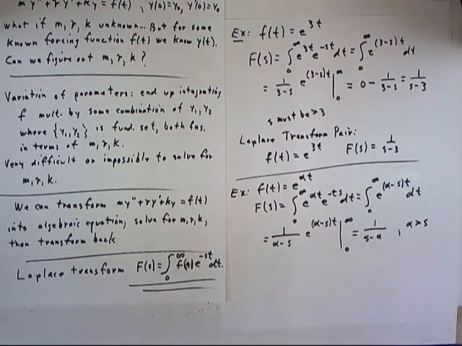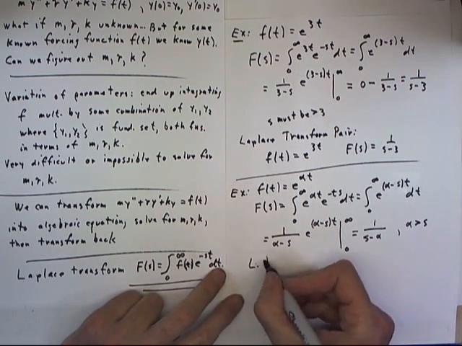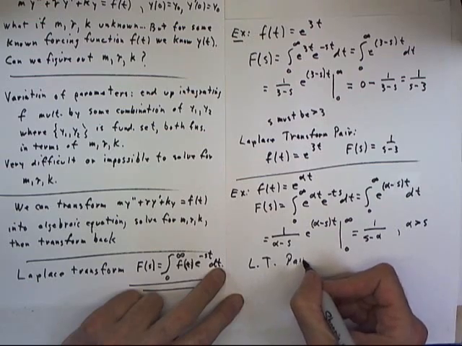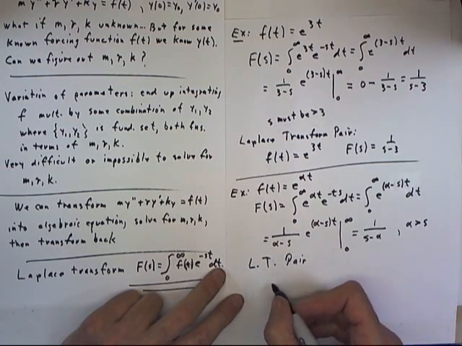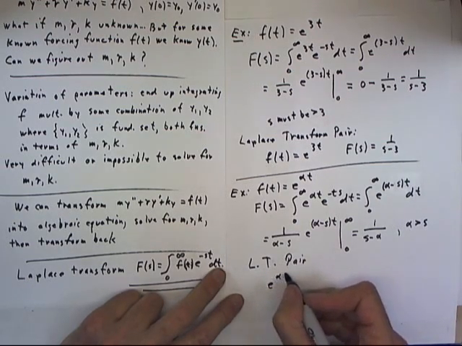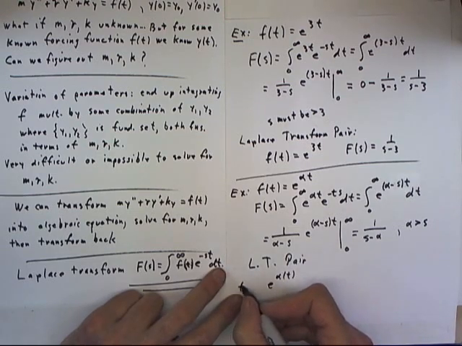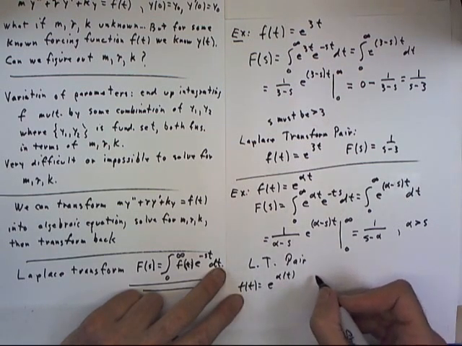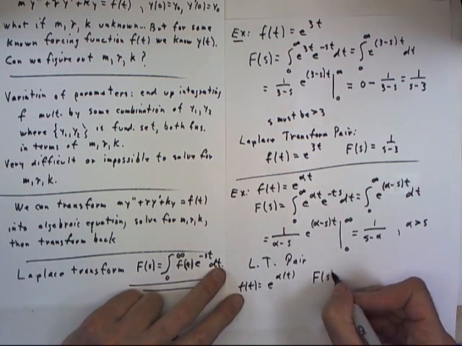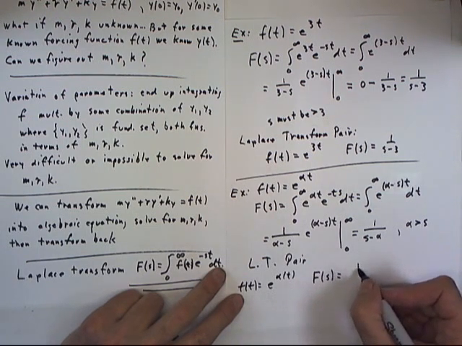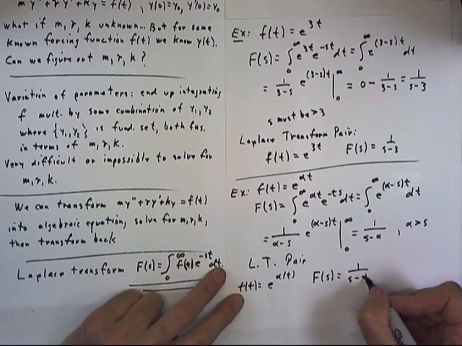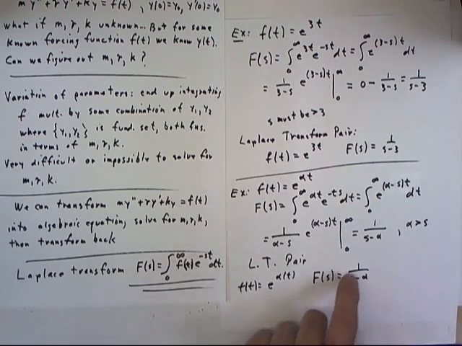So again, we have another Laplace transform pair. f of t equals e to the alpha t, F of s equals 1 over s minus alpha. This allows us to Laplace transform any exponential function.